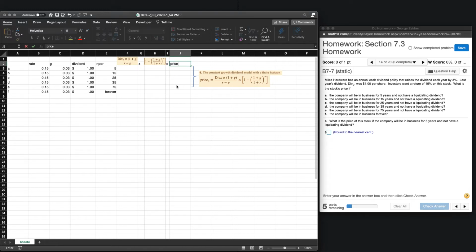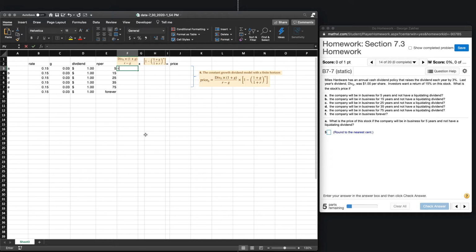So let's start with A to E, and we'll talk a little bit about what happens when things happen forever, in terms of the company lasting forever. So again, I'm just going to do this first part, then we're going to get the product of the second part of the equation. So let's do the math here.